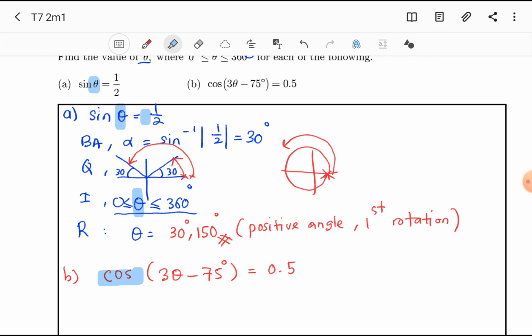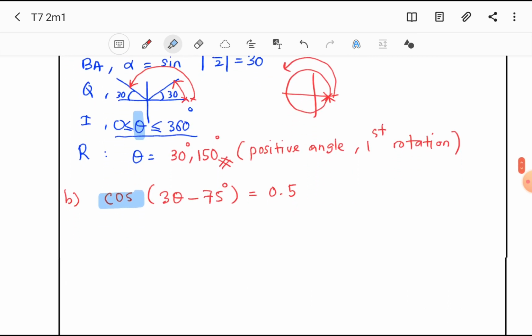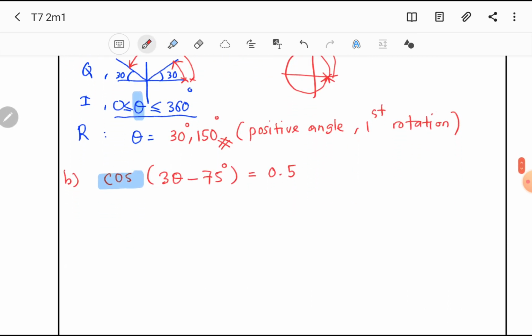So we go to the step. First, we have basic angle alpha equals to cos inverse of 0.5. Okay, so try to calculate, you will get 60 degrees.